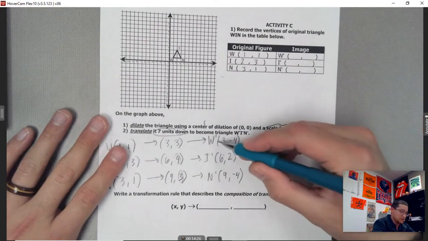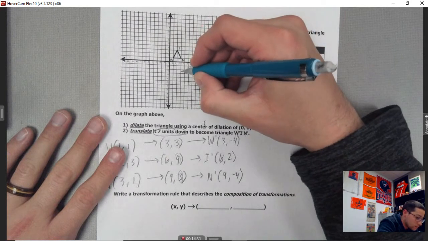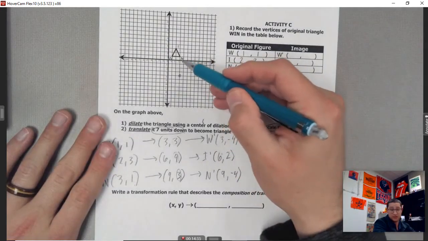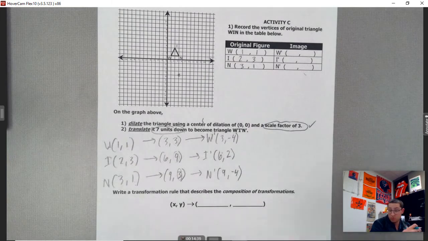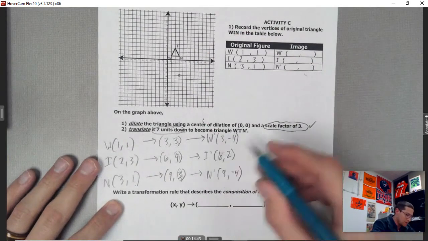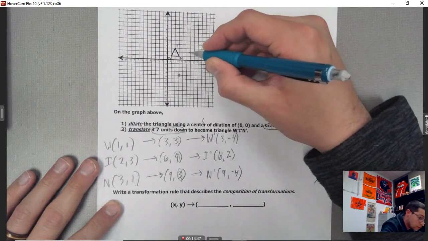Let's go ahead and graph these. W prime, 3, okay, 3, and then negative 4. 1, 2, 3, 4. There it is. And by the way, since it's a dilation, we should expect, if this number is greater than 1, we multiplied it, so it's going to be bigger. It's going to be a bigger triangle than what we had before. All right, I prime, 6, comma 2. That's here.